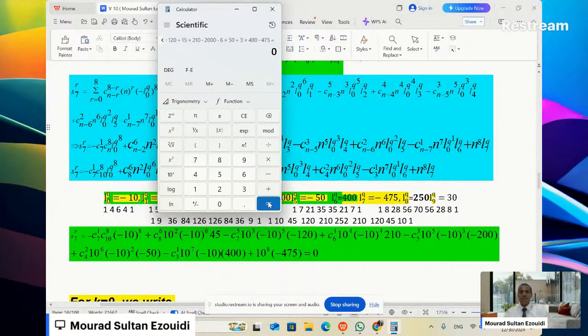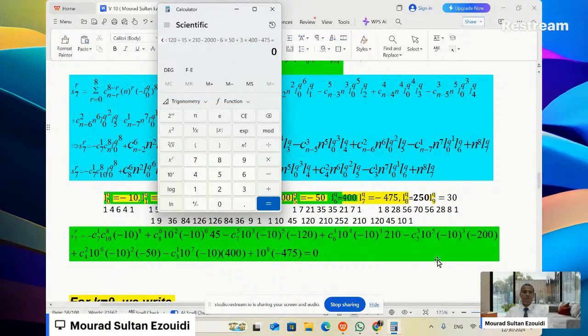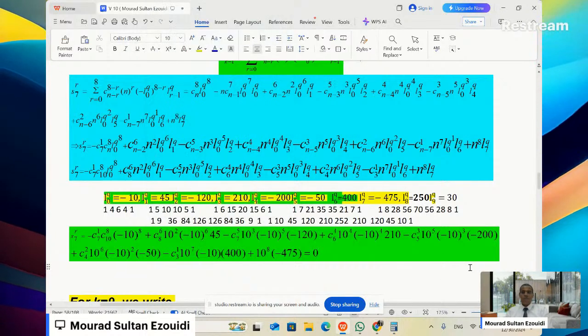So this one, my kids, is in fact equal to 0. Therefore, S7 is equal to 0.